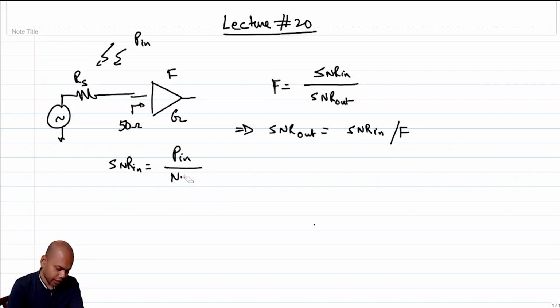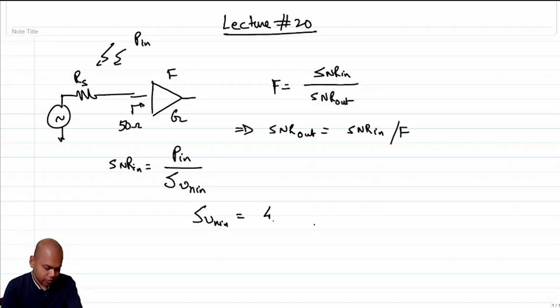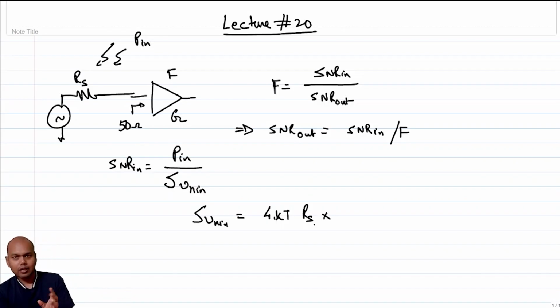Or I should say, in this case, if I am interested in the power spectral density, I should say SVN in, right? So what is SVN in? SVN in is 4kT times Rs, which is the noise voltage that is getting generated through Rs, times a factor which corresponds to the division ratio, right.